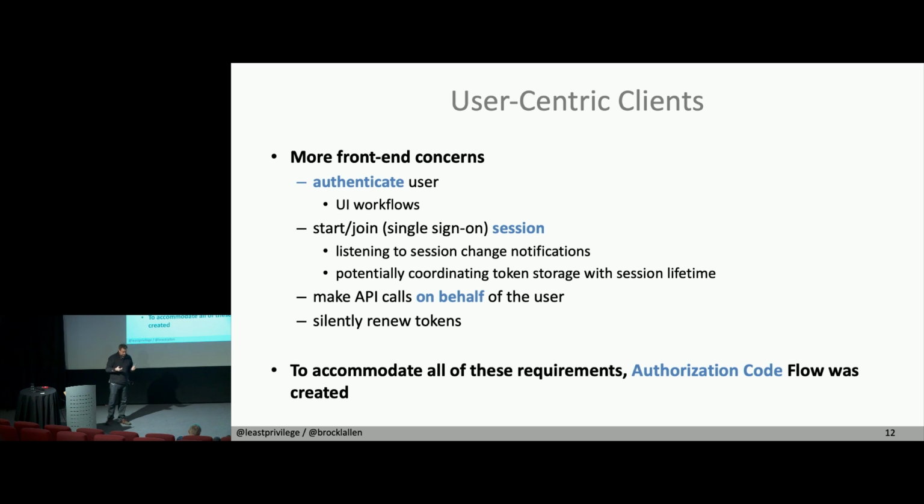But ultimately, this authentication will result in either you start a new session for this user, or you're joining an existing session. Think of single sign-on. Maybe this user is already logged onto a different application, and then you want to join that single sign-on session so you can give that user a single sign-on experience.